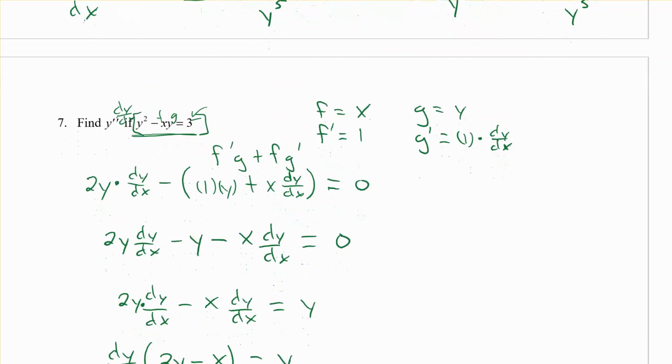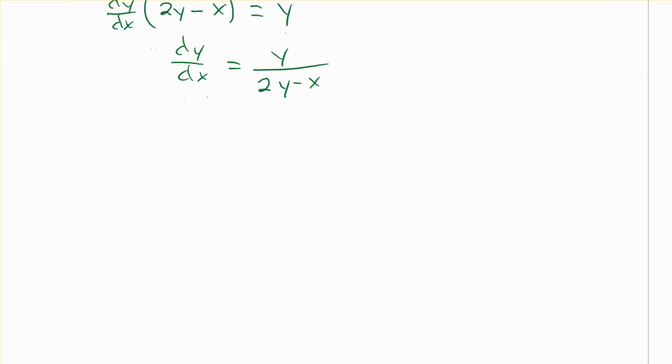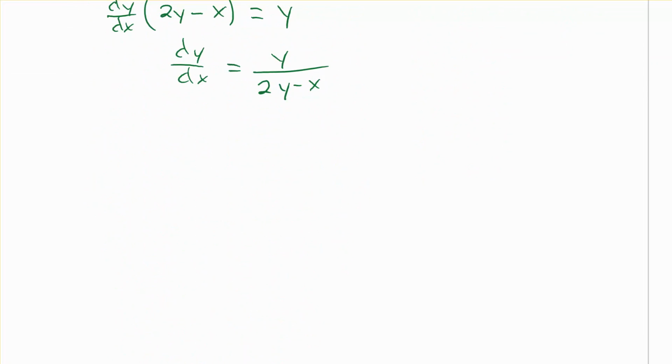So that was the first derivative. We need the second. And as I'm looking at this, this looks to me like we're going to use the quotient rule. So if we call the top f and the bottom g, let's figure out what f prime and g prime are. So let's write these over here. F is equal to y.